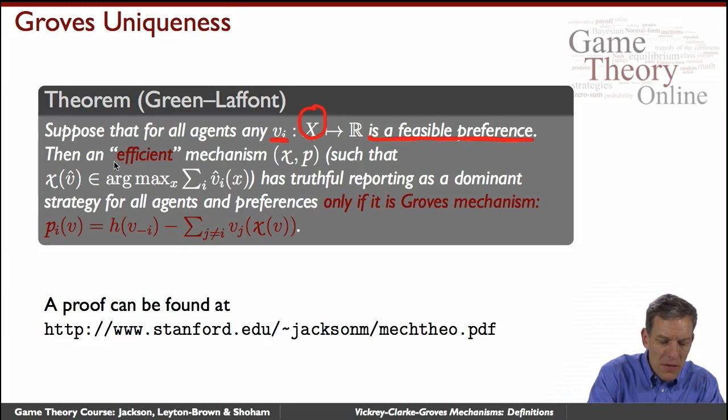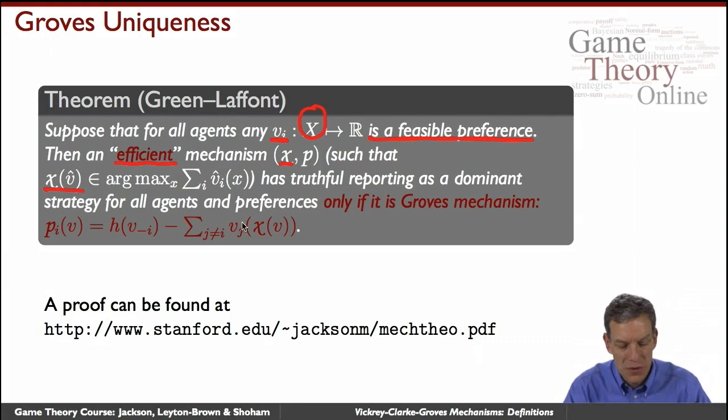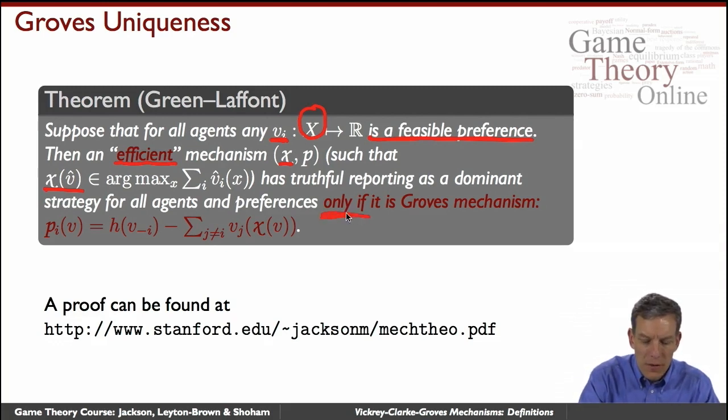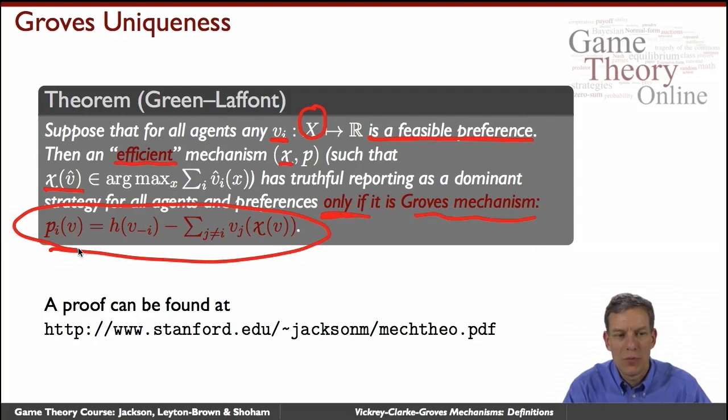Then we'll say that a mechanism that's efficient, so it's choosing a decision as a function of the announced preferences which maximizes the overall utility, is going to have truthful reporting as a dominant strategy for all agents and preferences only if it's a Groves mechanism. So the payment rule has to look like what we said in terms of a Groves mechanism.